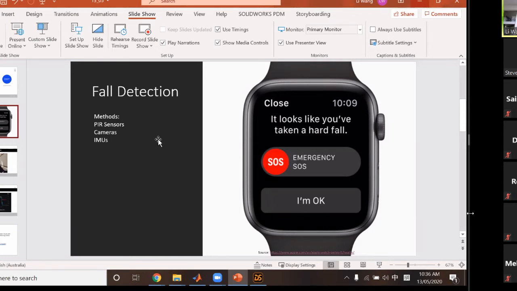in a very simple way. I'll show you the device we made for health monitoring. It's a very simple prototype, and I'll show how it works on fall detection.